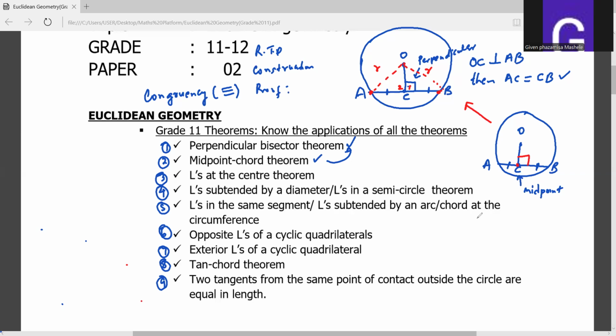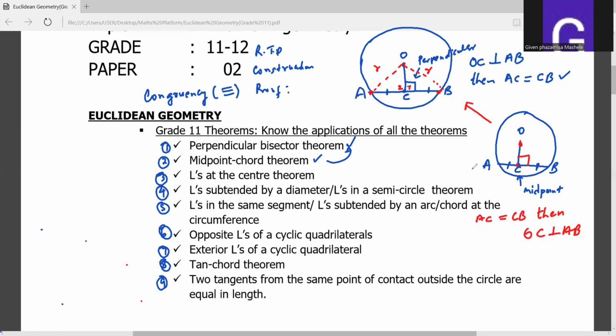So this theorem says if AC is the same as CB, then OC is always perpendicular to AB. Remember, only when a line is drawn from the center of the circle. That is according to the theorem.